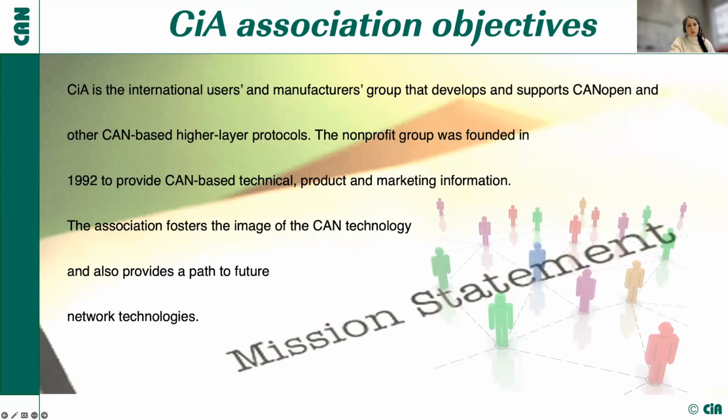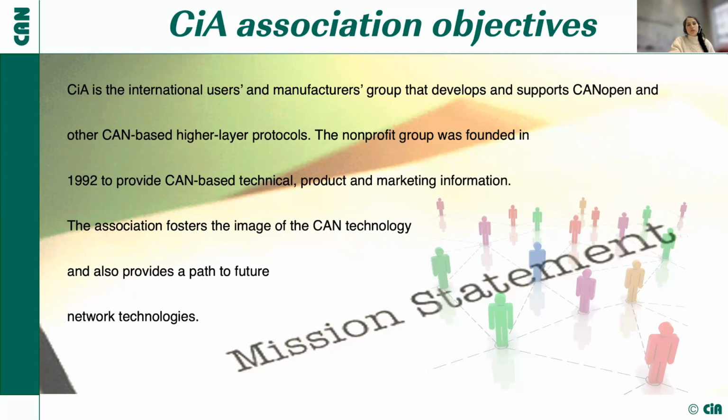Before talking about our main topic, CiA profiles, I would like to also introduce the CiA association objectives. CiA is the international users and manufacturer group that develops and supports CAN and other CAN-based higher-layer protocols.